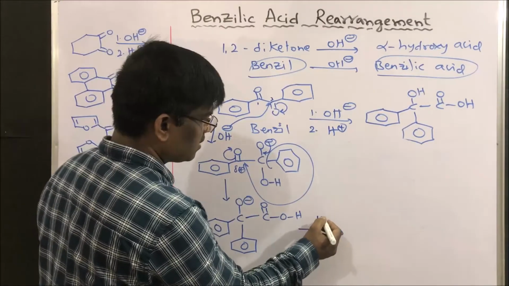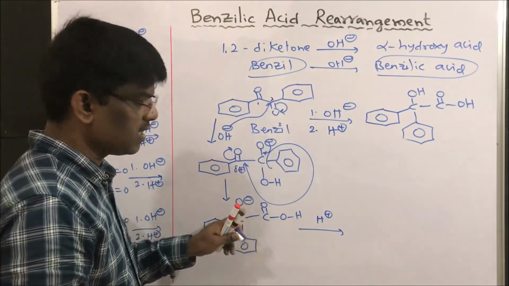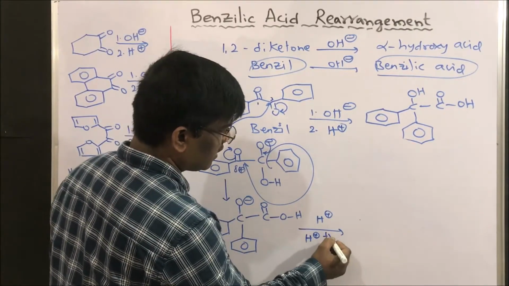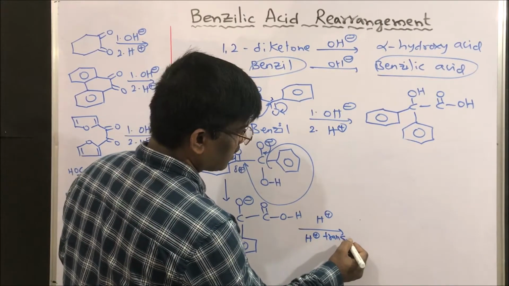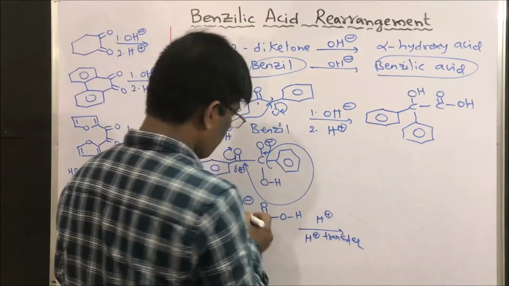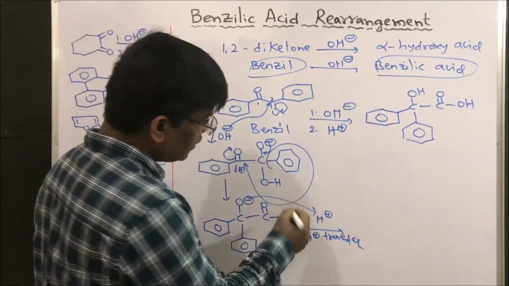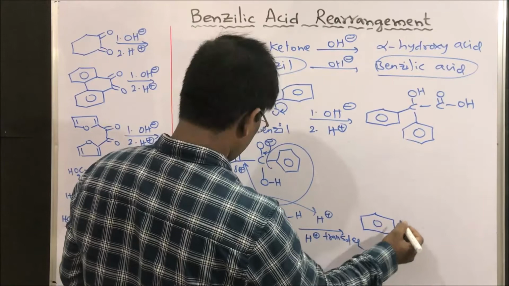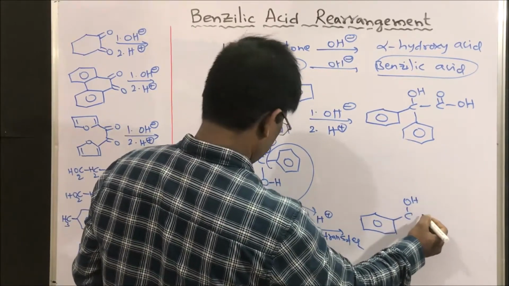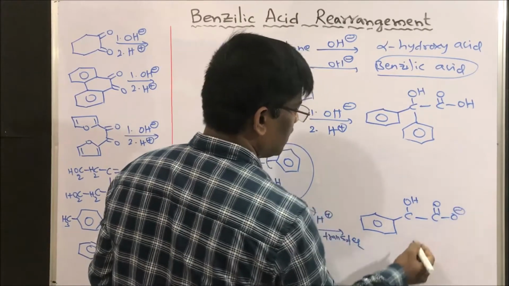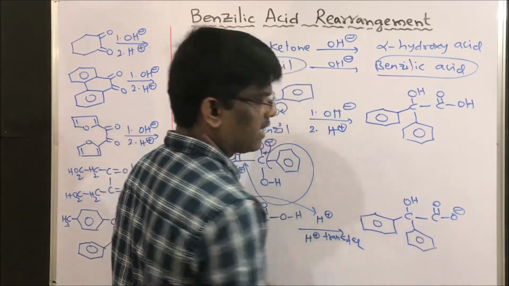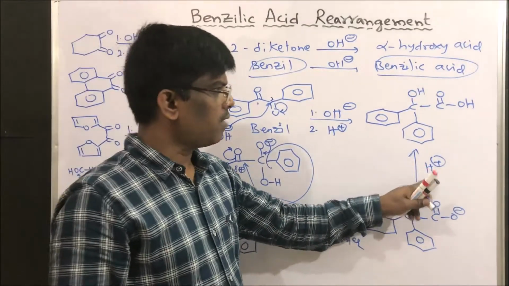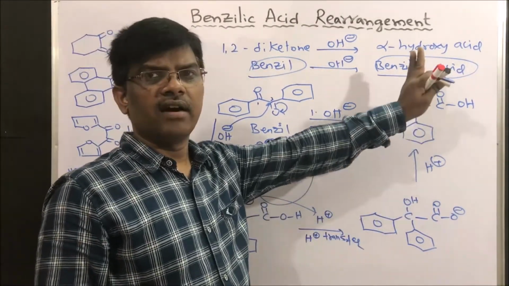Now a proton transfer takes place. Since we are adding H plus ions, an intramolecular proton transfer also takes place to give this compound. We get the carboxylate anion, and when we add H plus ions while doing the workup, we are going to get the alpha hydroxy acid.